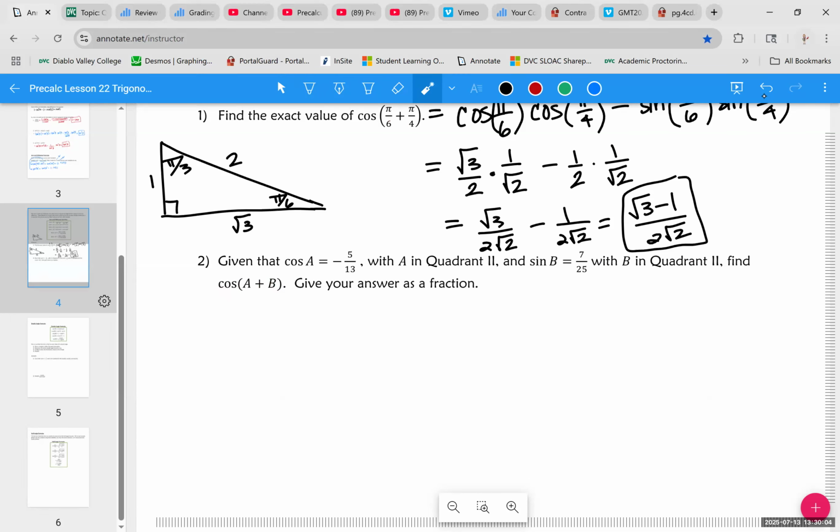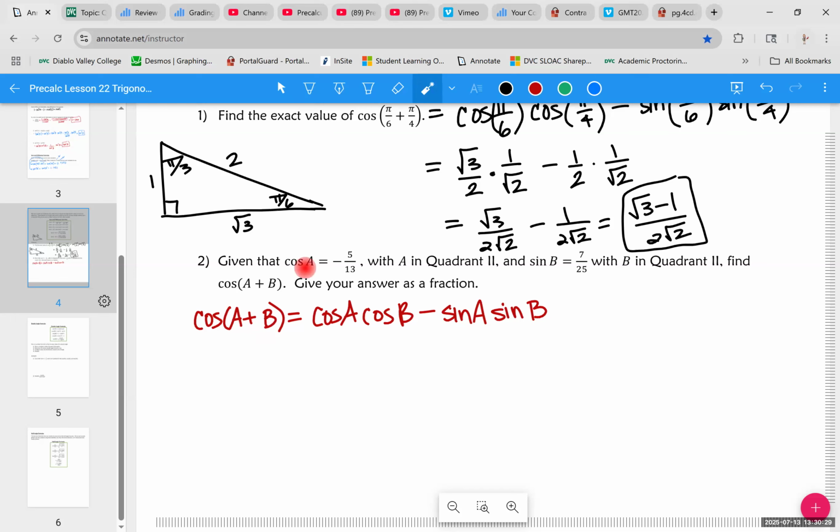It's the same formula. Lovely. So cosine of A plus B, I'm just going to copy down the formula. It's cosine of A times cosine of B minus sine of A times sine of B. So those are the 4 pieces of information I need in order to answer this question.